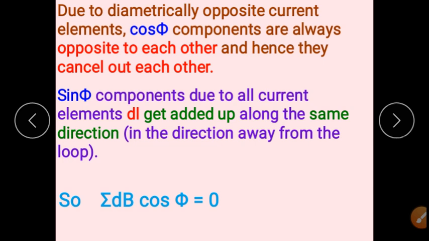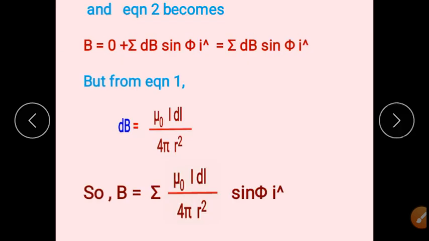So we know all the cos phi components will get cancelled, and if you take the sum of all the cos phi components, we will get 0. That is sigma dB cos phi is equal to 0. Therefore, our equation 2 will become B is equal to 0 plus sigma dB sin phi i cap.